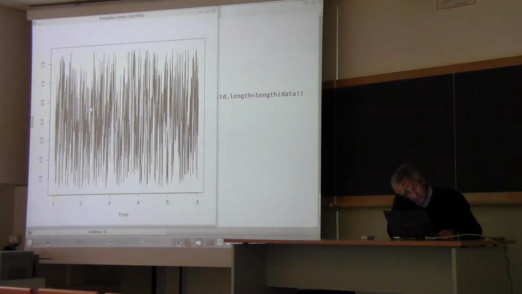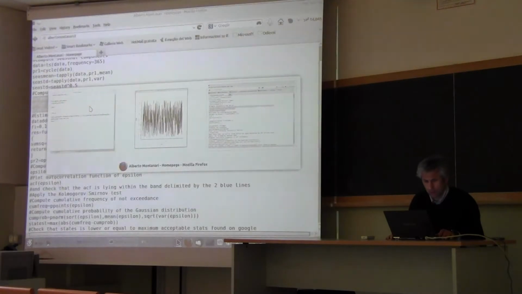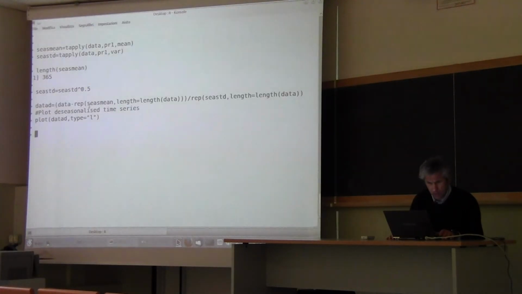Okay, there is another thing that we could do at this stage, which probably is not included in the code. Let me see. Yeah, it's not included in the code. At the beginning, when you plotted the time series, I told you that it was quite clear that it was seasonal.